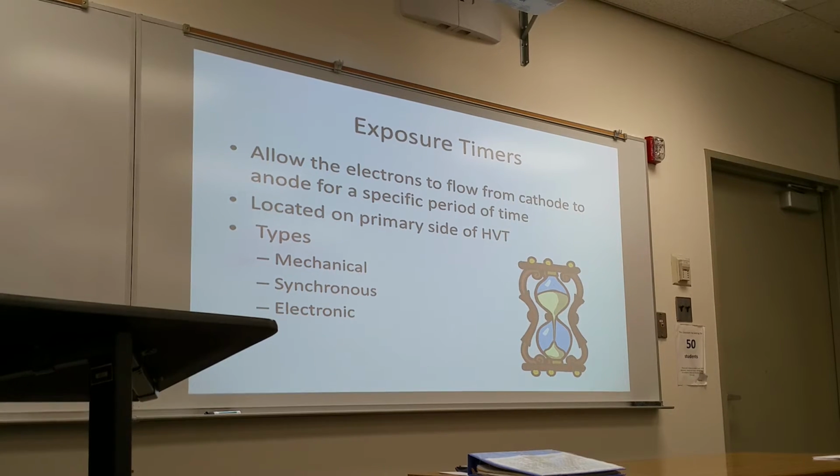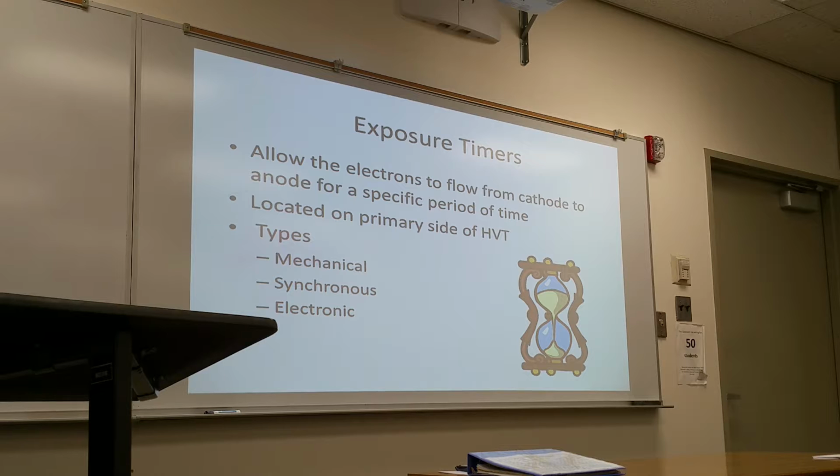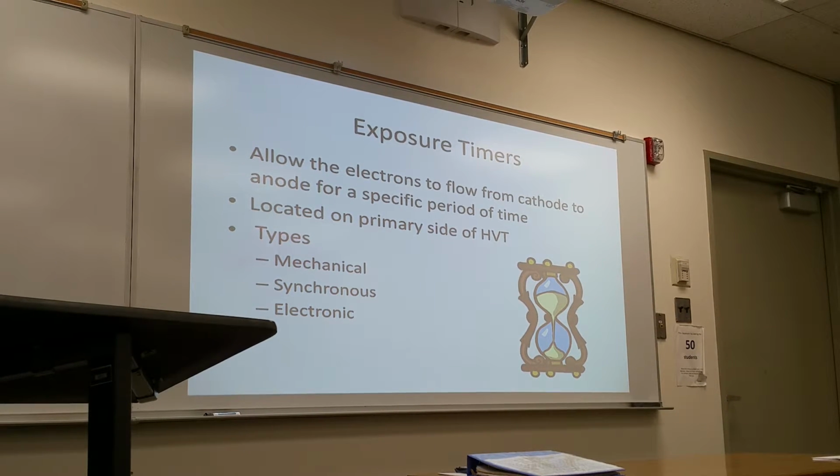Okay, we have exposure timers, because there are different types of timers. The purpose of the timer is to allow the amount of electrons to flow from the cathode to the anode for a specific time duration. The timer is generally located on the primary side of the high voltage transformer, same as the kV meter.